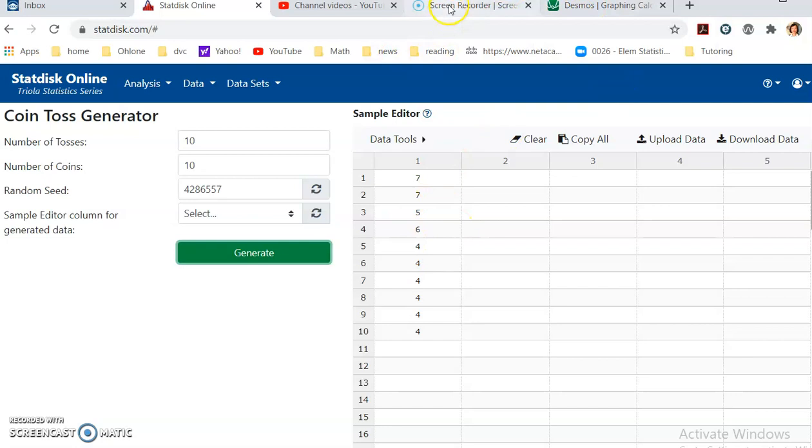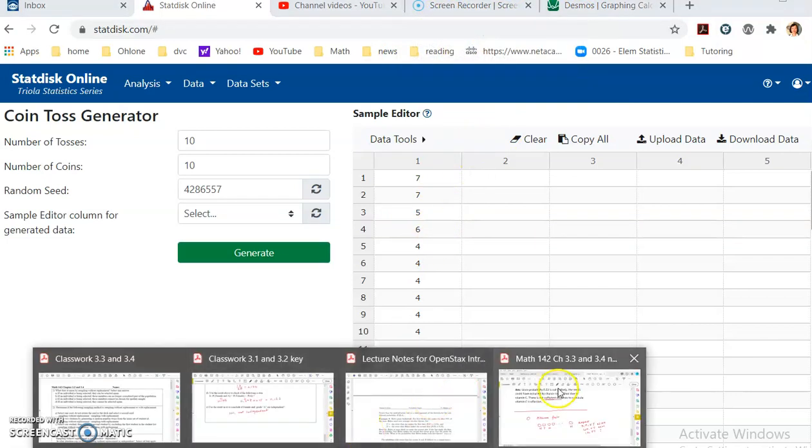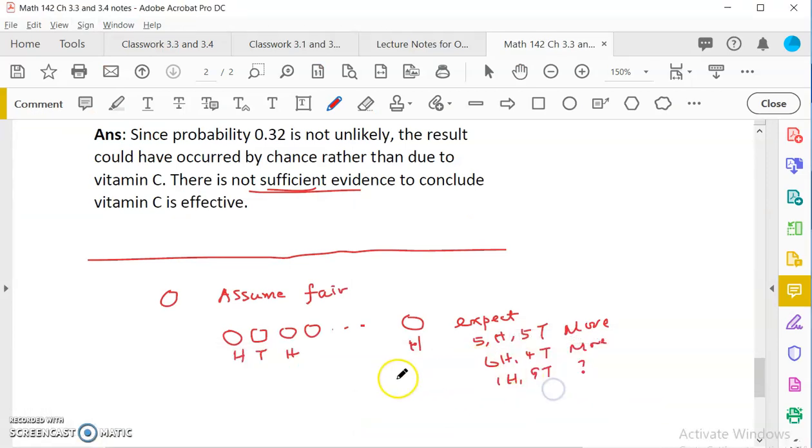And then in chapter 4, we'll talk about how to calculate the chance of having a particular outcome. So if for some reason you observe a coin toss, and your observation is 1 head and 9 tails, what would you conclude? This is really rare, right? You're not supposed to see it.